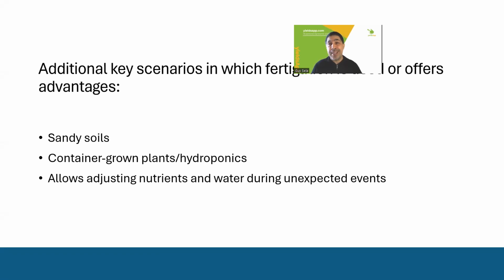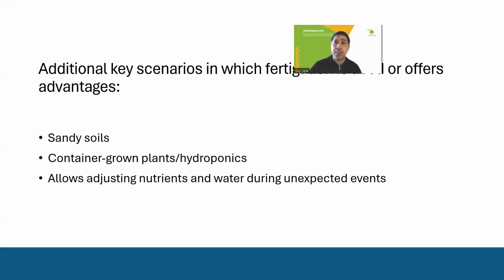Actually, when we have fertigation, we can even decide, if there was an occurrence of a disease that we know will reduce our yields, so then why apply all the nutrients or fertilizers that we planned to apply?